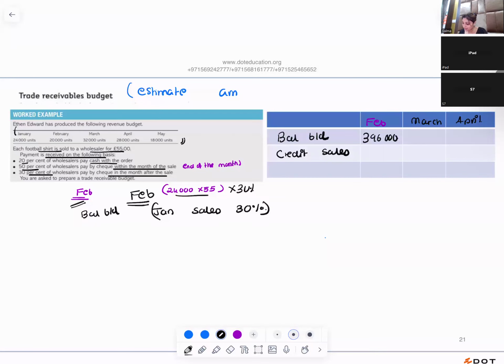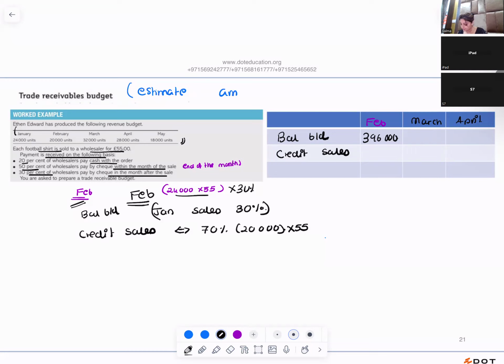Apart from this, in the month of February, I would do credit sales also. So the credit sales would be 70% of 20,000 units into 55. That gives you how much? 770,000.